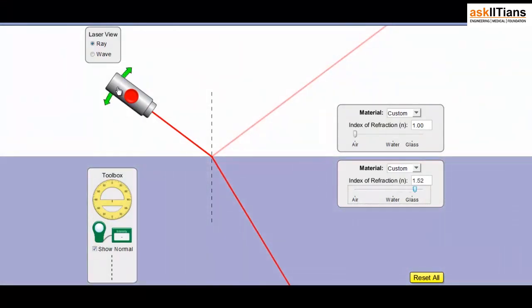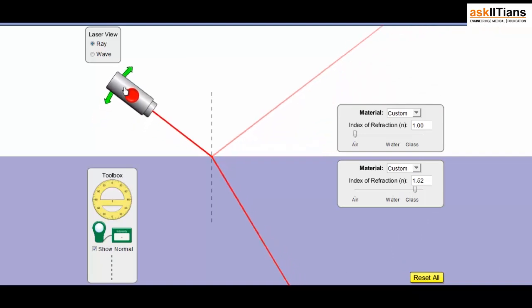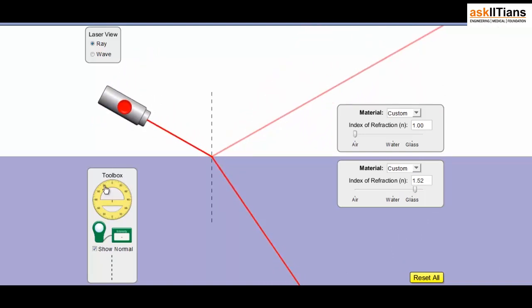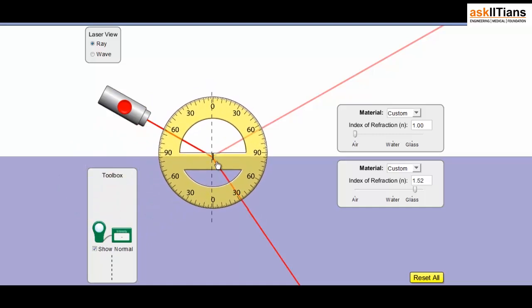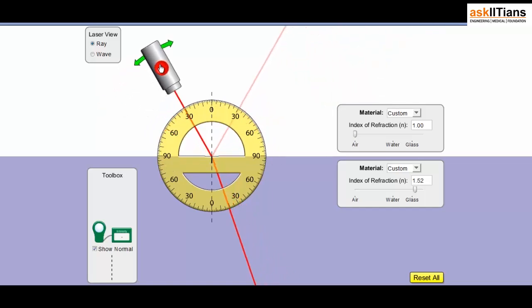Fine. Again, the angle of reflection is equal to the angle of incidence, which we can easily see over here. I have a tool over here to make sure that we end up getting that. So I've put it exactly at 0 degrees. This is normal and this is 0 degrees. Let's check for angle of incidence 30 degrees. You can see that this is 30 degrees, this is also 30 degrees.